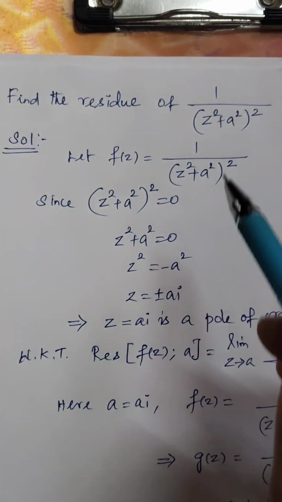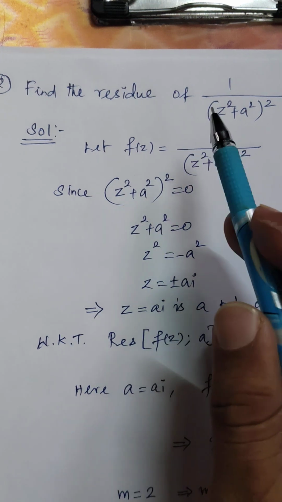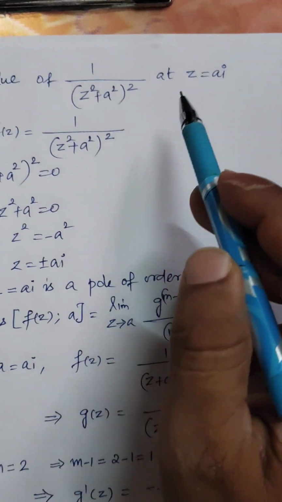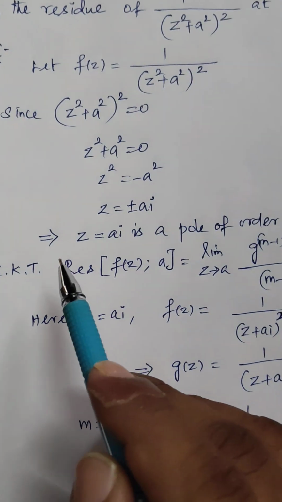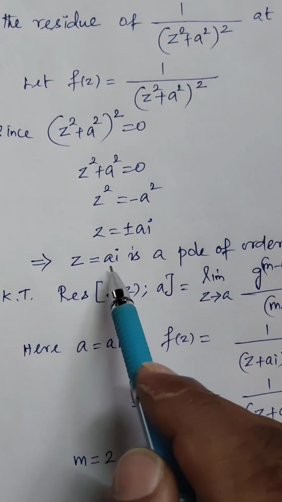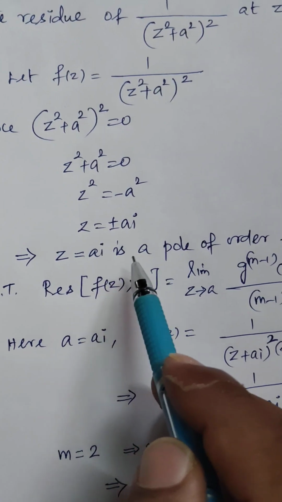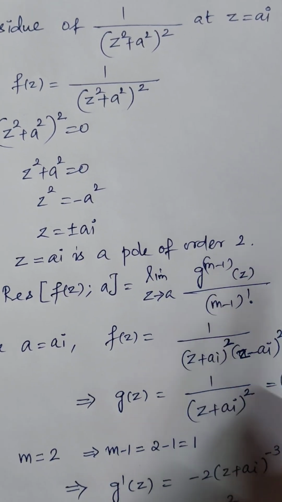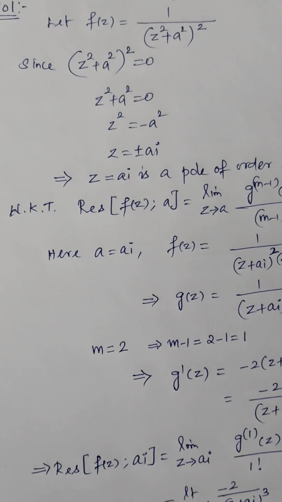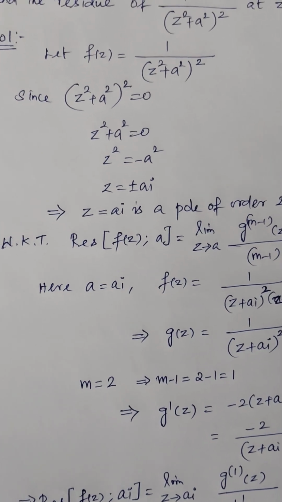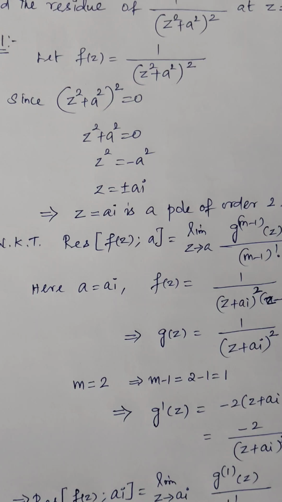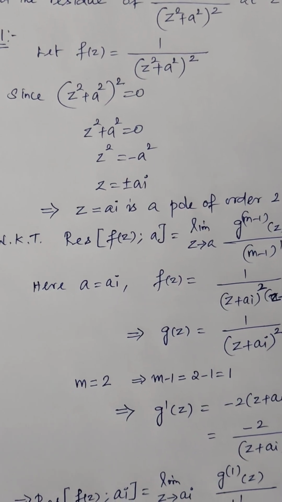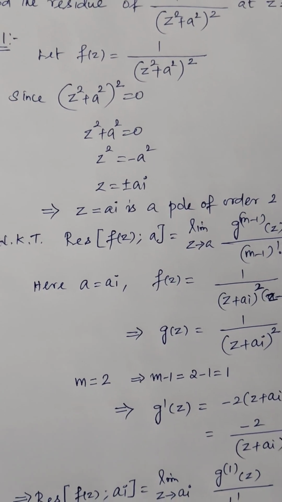But here they are asking to find the residue of the given function at the pole z equal to ai. Therefore, we have to consider z equal to ai only, which is a pole of order 2. Out of the four formulas, the fourth one is used if the order is more than 1, that means it is not a simple pole.